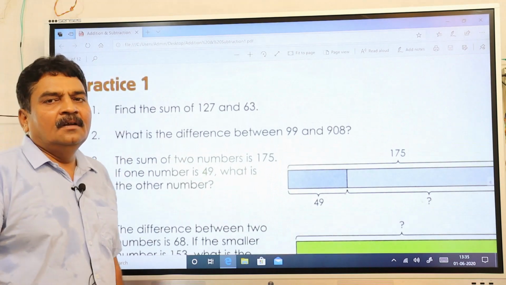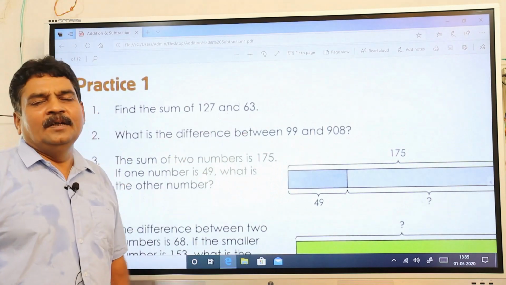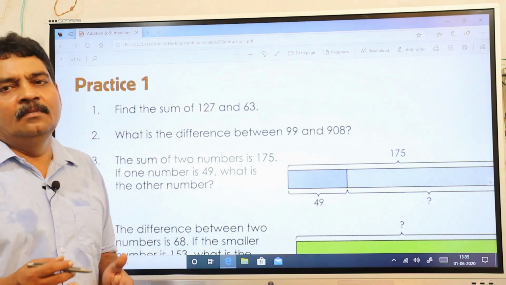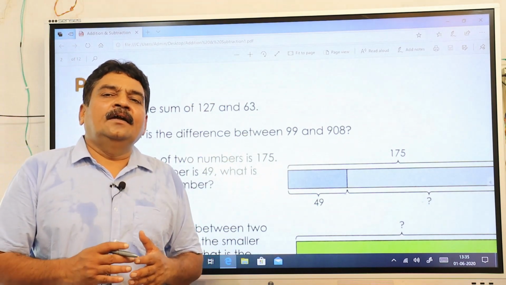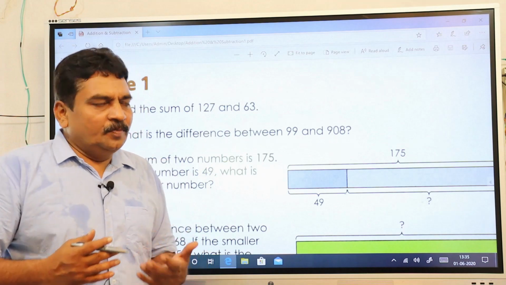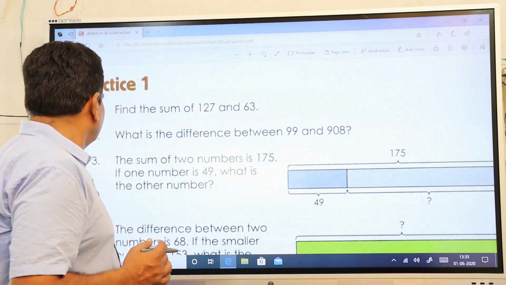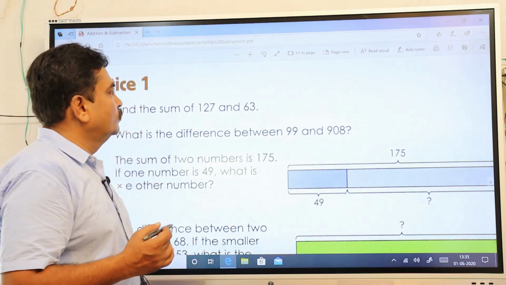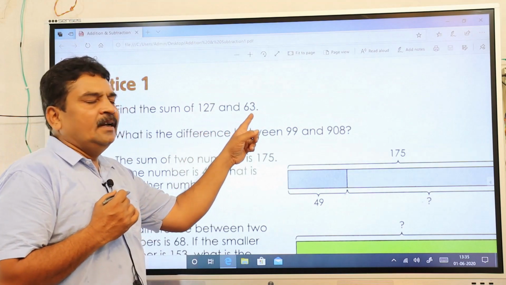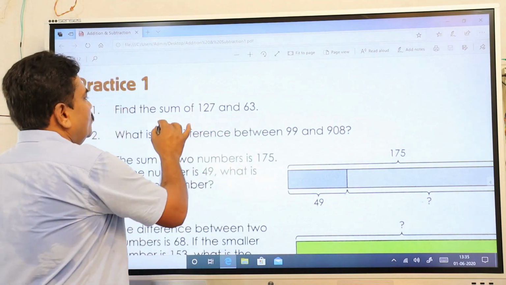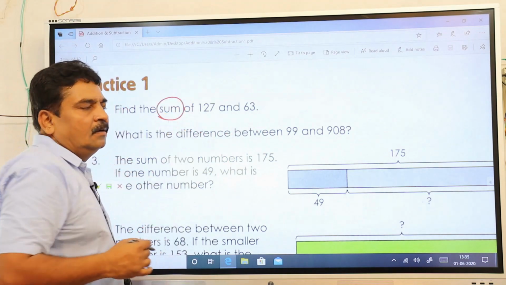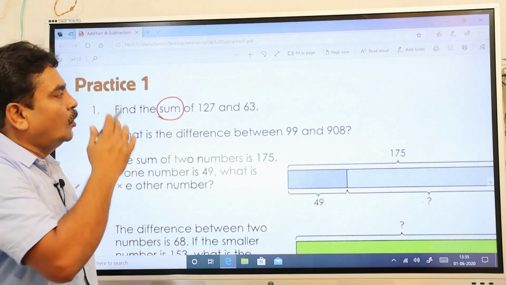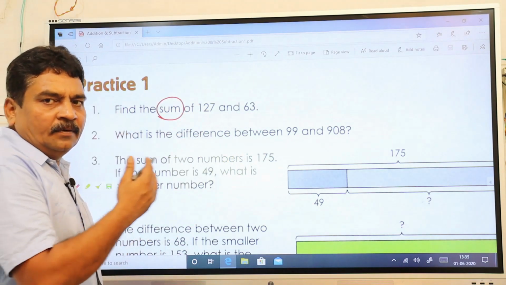Practice 1. Please do it in a tabular form. Then only you can understand and do much better. So 127 and 63, it is asking you the sum. Sum means addition. So first we'll draw a column and then we'll do it.